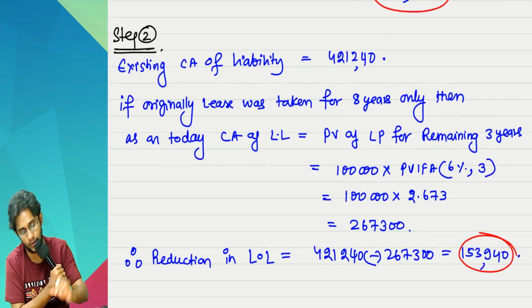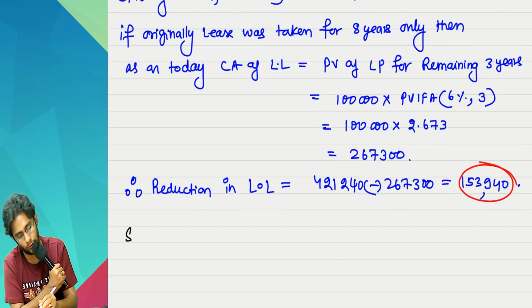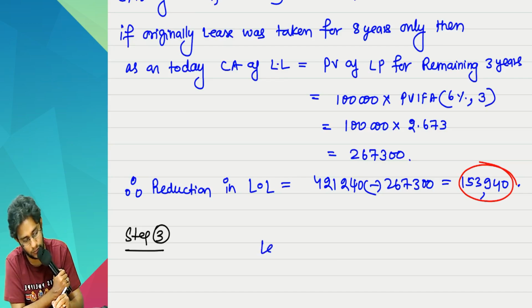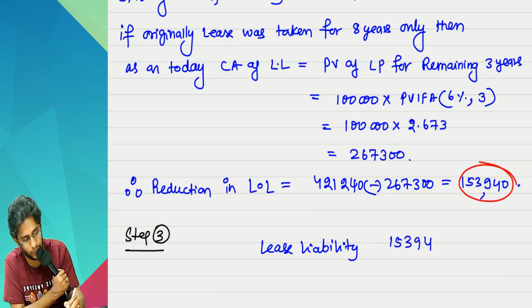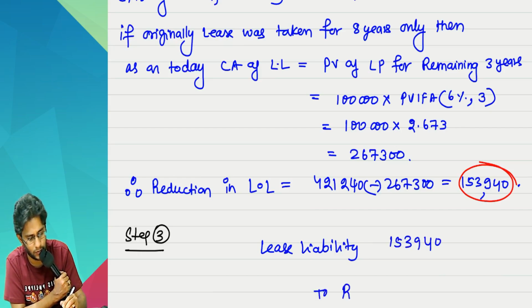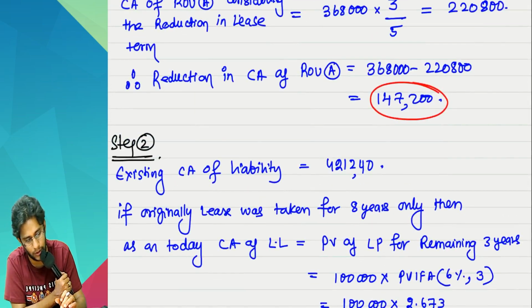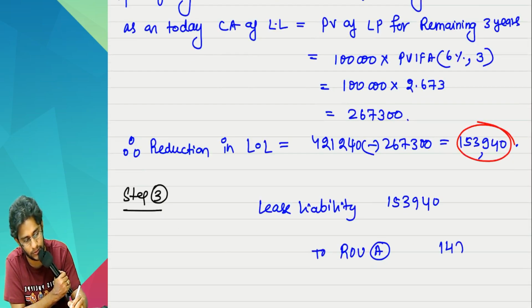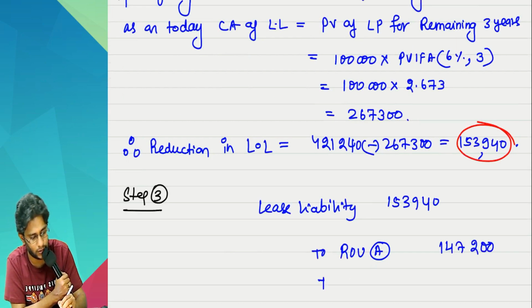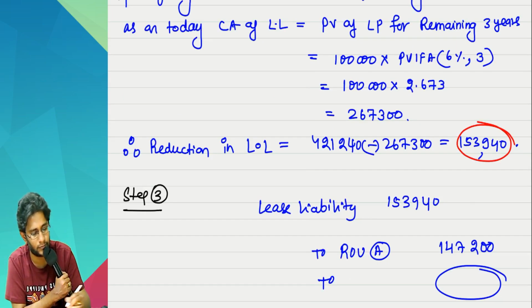There is a gap. That gap will go to P&L. So lease liability account debit 153,940, to ROU asset account credit 147,200, to gap.